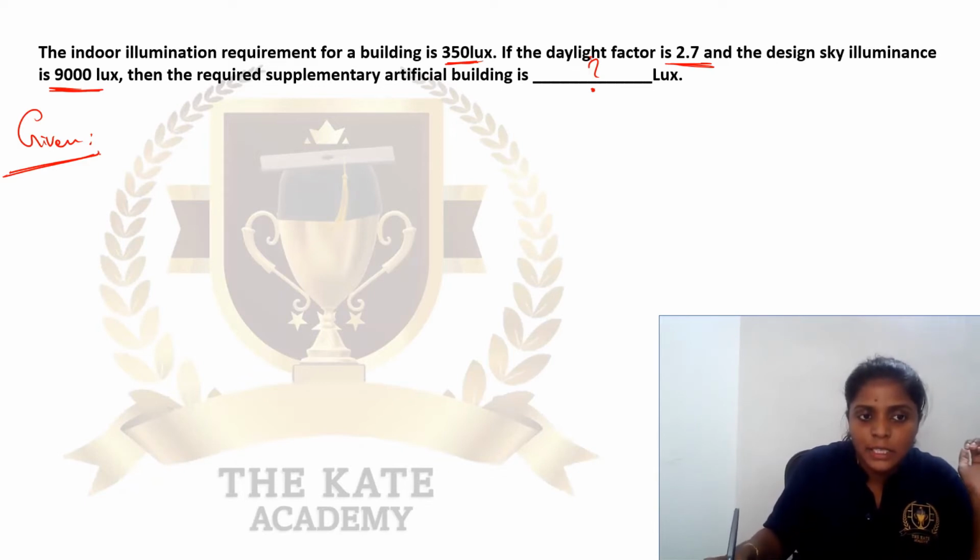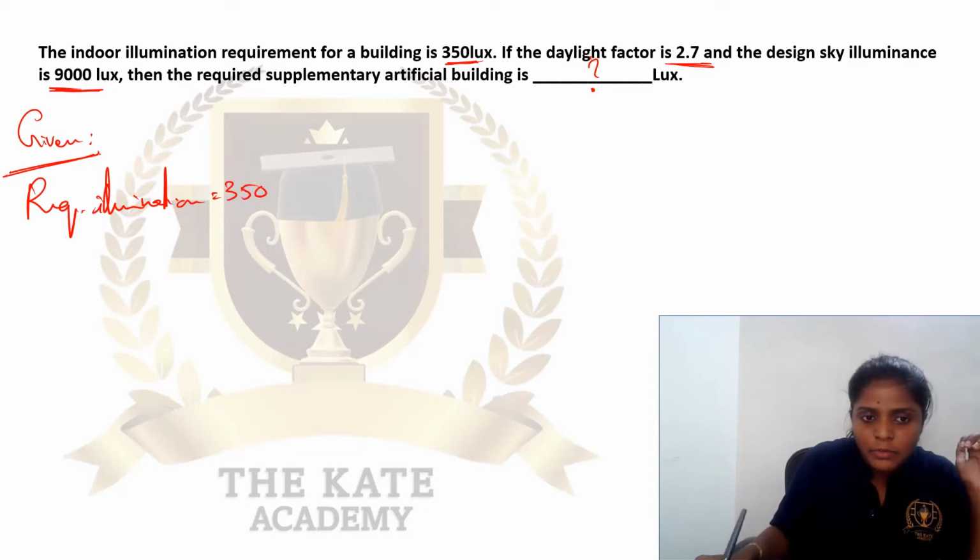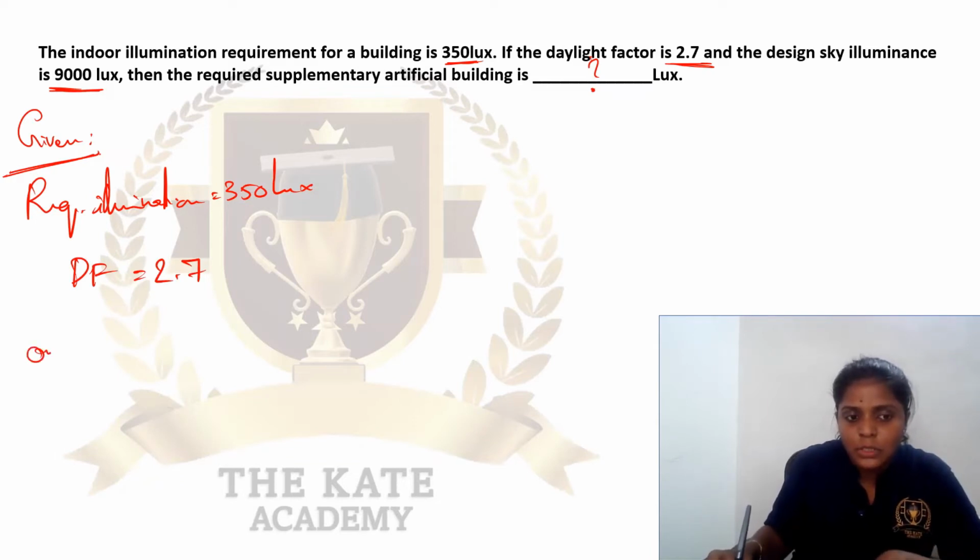So the given required illumination is 350 lux. The daylight factor is equal to 2.7. Outdoor illuminance is equal to 9000 lux.